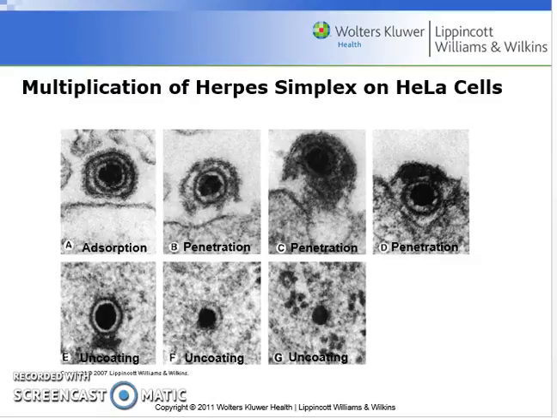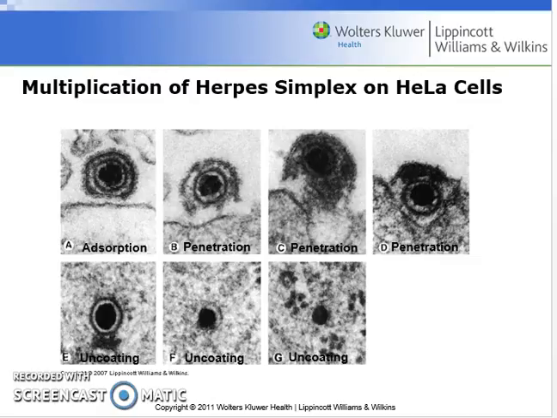You can see in this image the process of absorption, which is the same as attachment, and then you have penetration taking place, so you can see the virus as it's going down into the cell. And then you have the process of uncoating, where a coat is lost, and as the uncoating process takes place, you can see that the envelope surrounding the herpes simplex virus is going to be lost. So that's what these images are outlining for you.